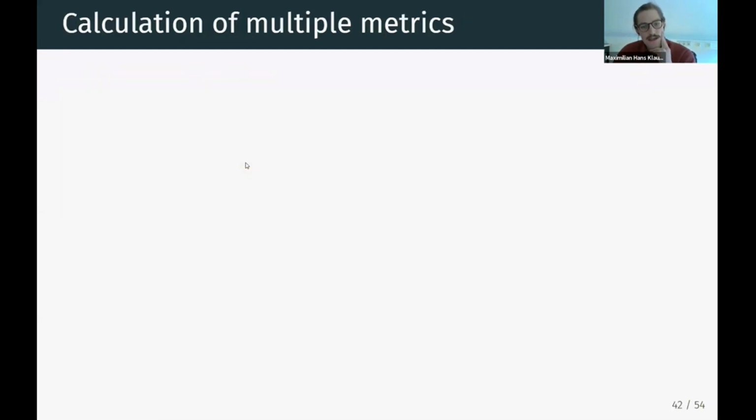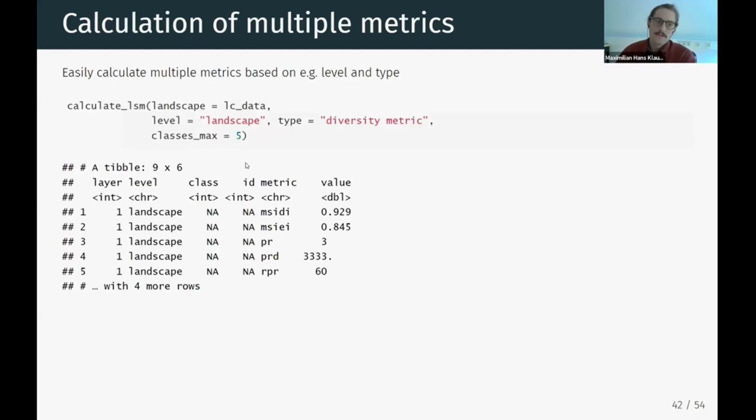Okay, so there's even another way to calculate multiple metrics. I showed you a few slides before how you can combine them into one data frame using the bind_rows command, but we also provide a function for that.